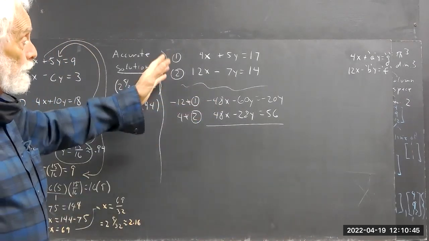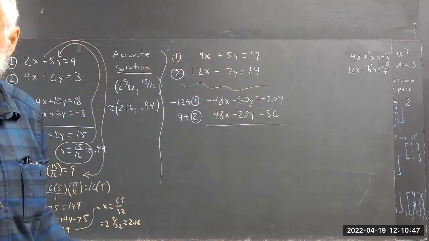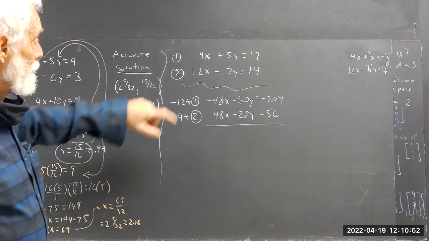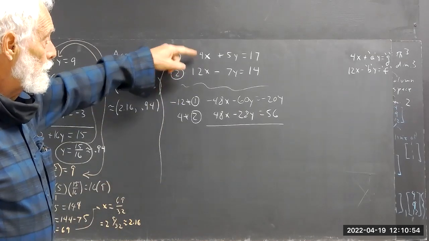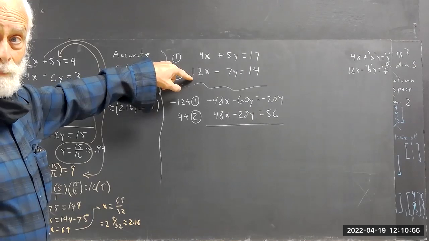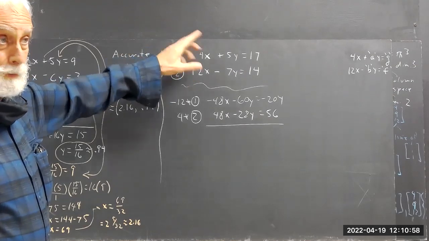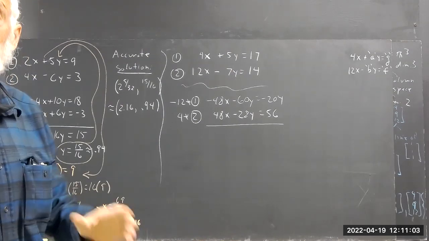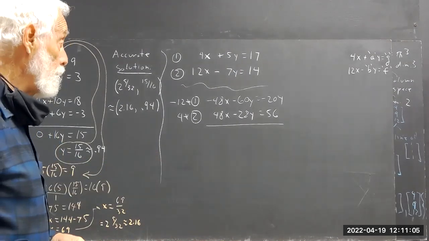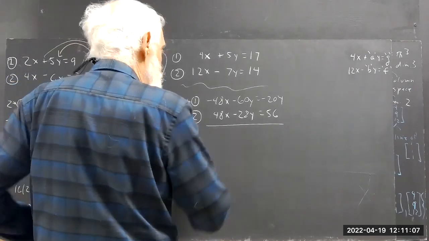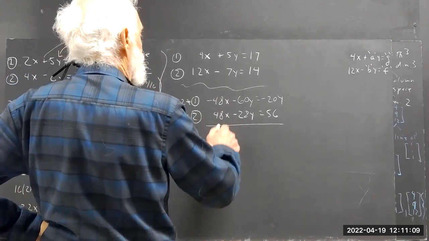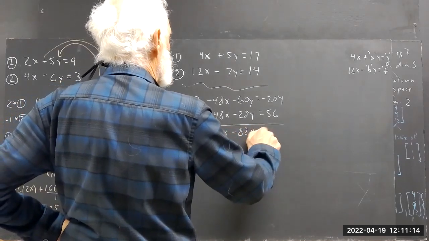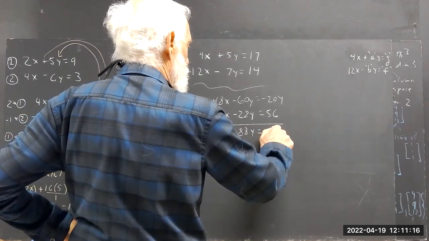I want to get either my x's or my y's to give me 0. It'll always work if I multiply this one by this number and this one by the negative of this number, or vice versa. That always works. It's usually overkill. It's not necessary to do that much, but when I add these up, I get 0x minus 88y equals -148.